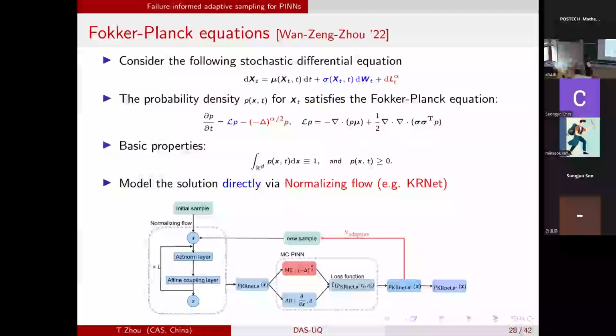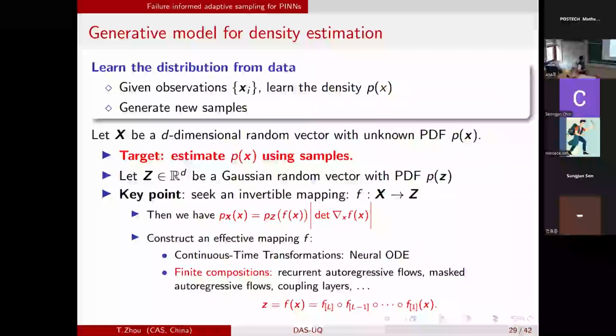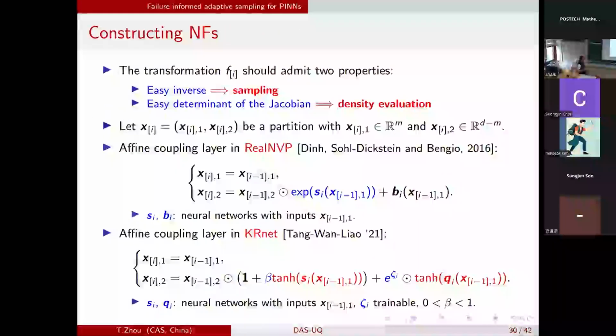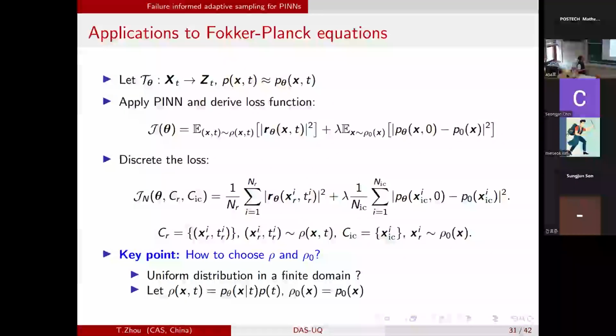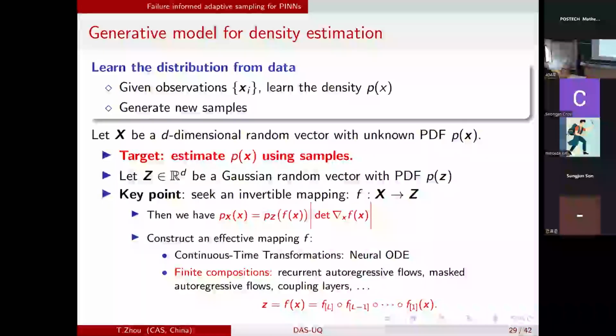The most famous one is the so-called normalizing flow. By using it, you can model the solution with a normalizing flow, so you will not care about the constraints for the density function. The idea is to approximate the density by samples.